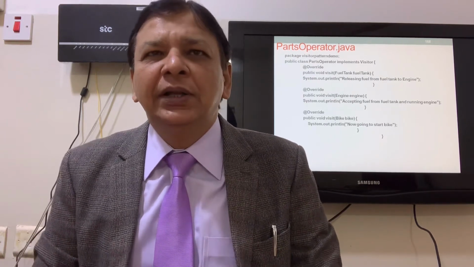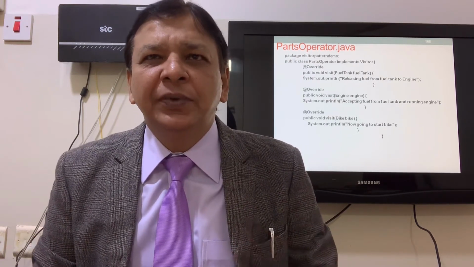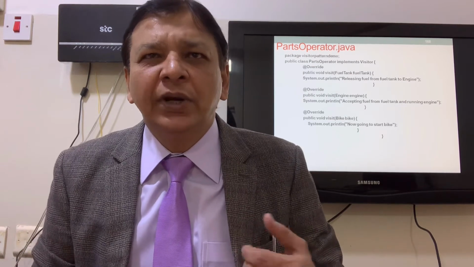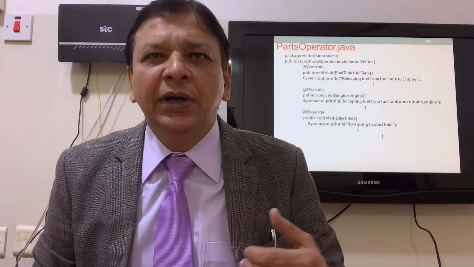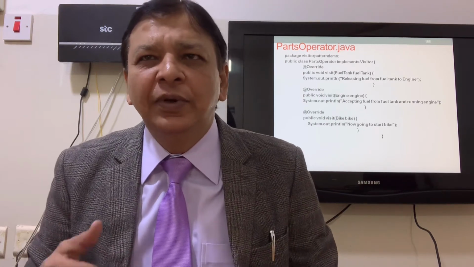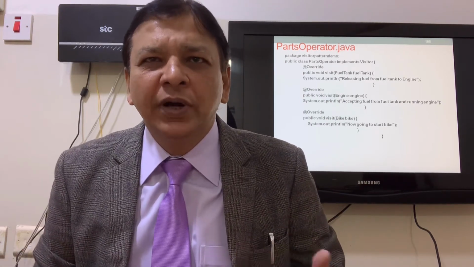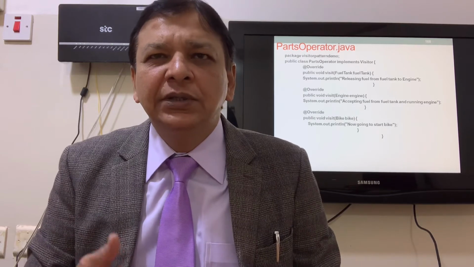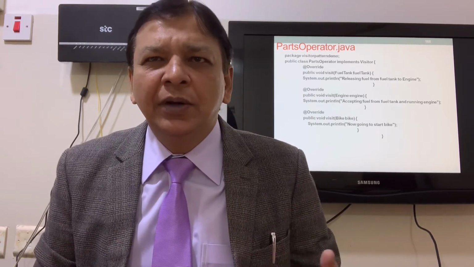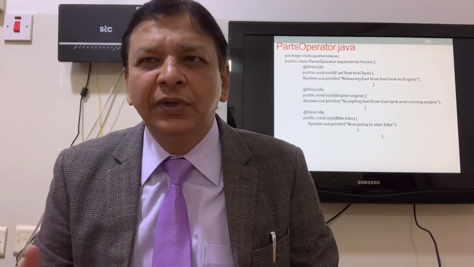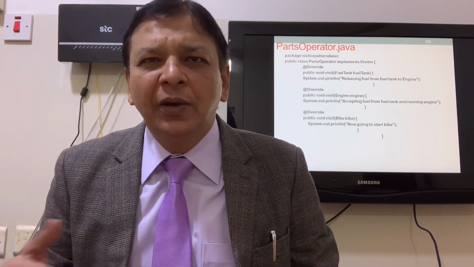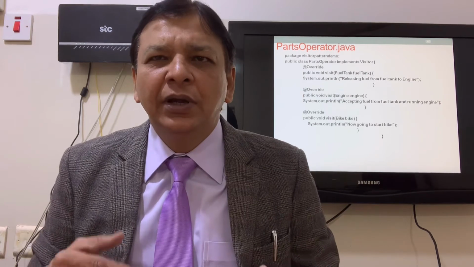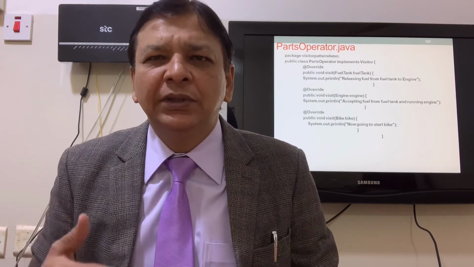PartsOperator.java: public class PartsOperator implements Visitor, override public void visit(FuelTank), System.out.print releasing fuel from the fuel tank to engine, override public void visit(Engine), System.out.print accepting fuel from the fuel tank and running engine, override public void visit(Bike), System.out.print now going to start bike, close the method, close the class.